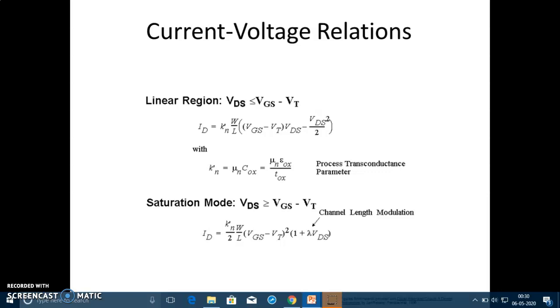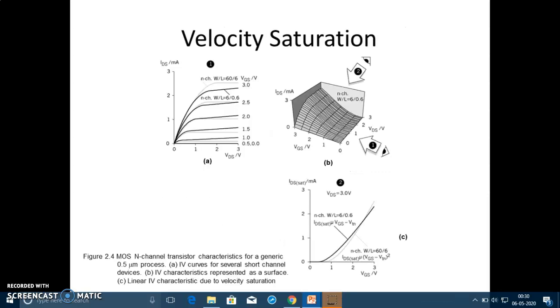Here lambda is the channel length modulation. Next, in velocity saturation, the graph is drawn between VDS in volts and current IDS in milliamps. Like that, the velocity saturation is drawn. It is the non-ideal IV characteristics of NMOS transistor.